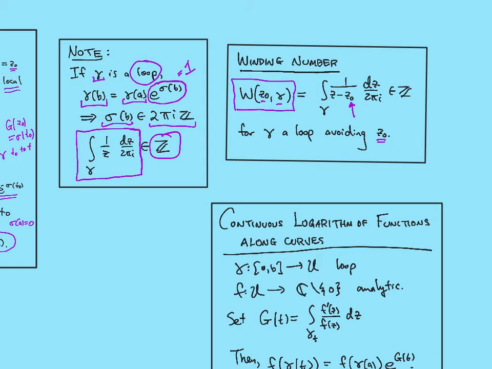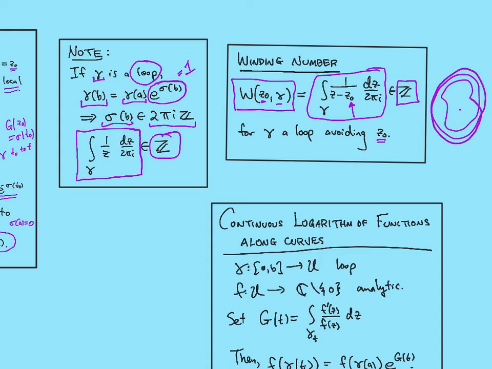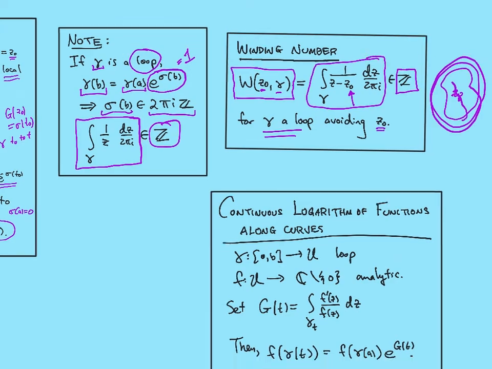And so the winding number of gamma with respect to z naught will be given by this formula, and it'll be an integer, which is supposed to tell you how many times the curve goes around a point z naught. Your loop has to avoid z naught because we don't want any situation where the curve is cutting through z naught, because that leads to some confusion. But other than that, you can define this for any point that is not on the curve.